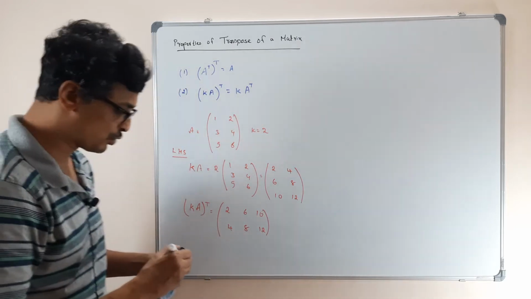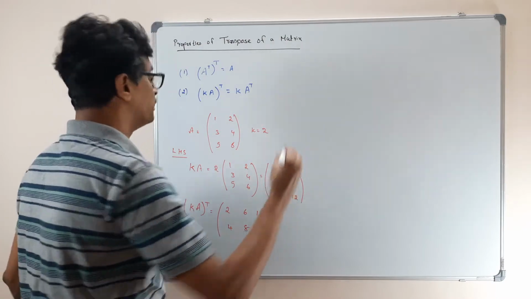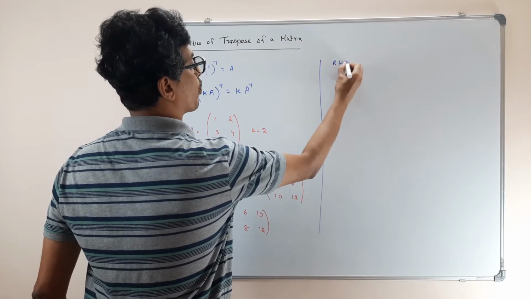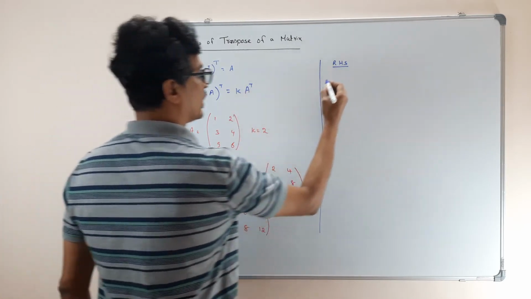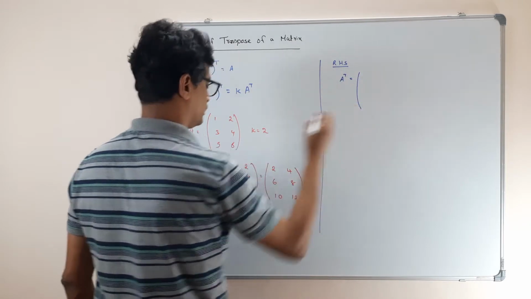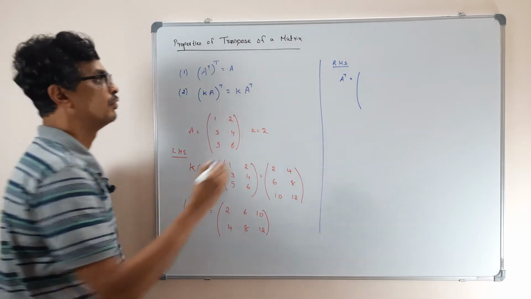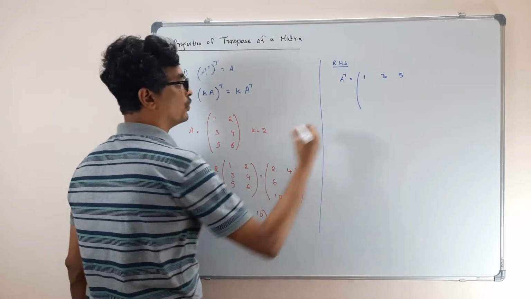Okay, now let us do the RHS. What will be the RHS? K times A transpose. What is A transpose? A is this, right? A transpose will be 1, 3, 5, 2, 4, 6.